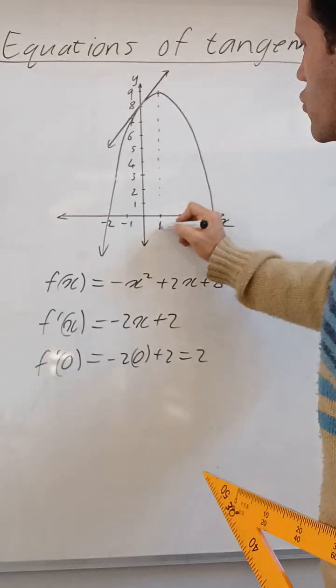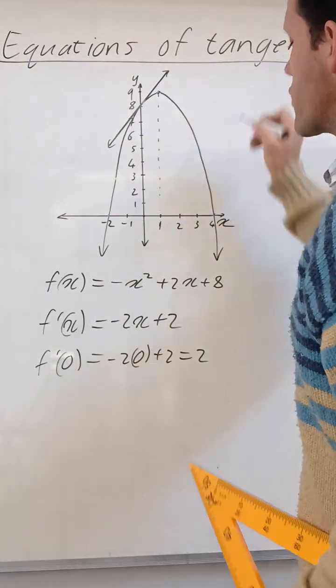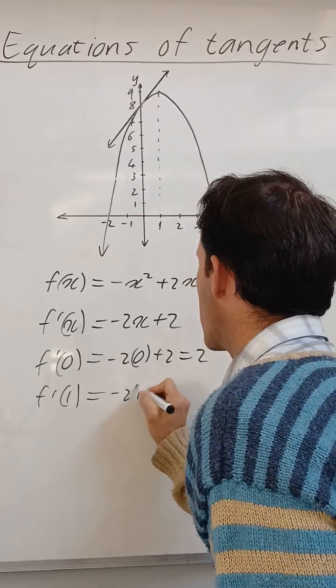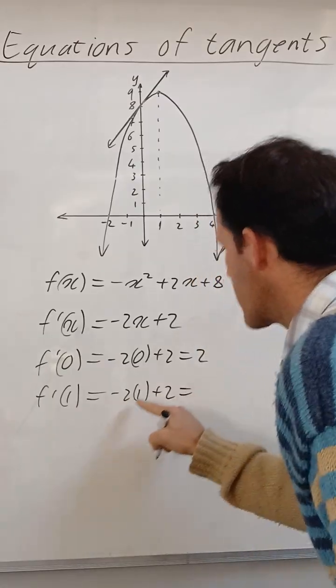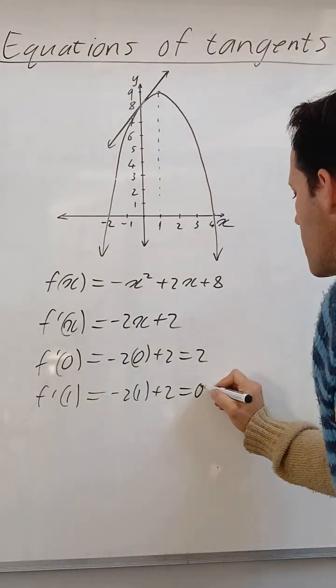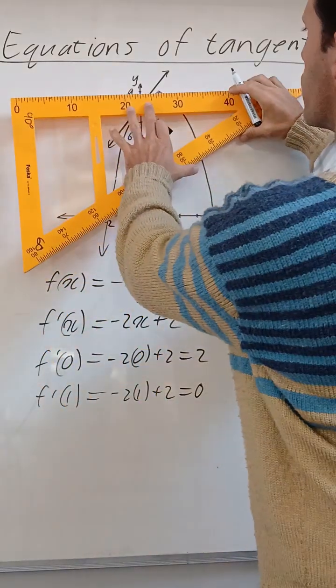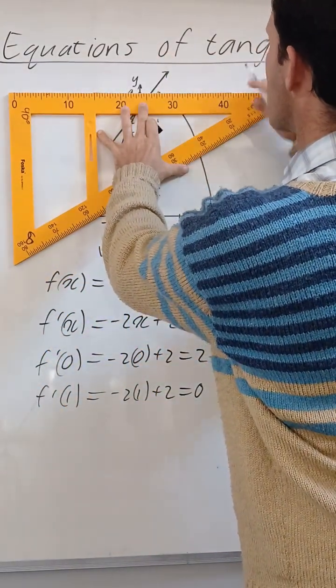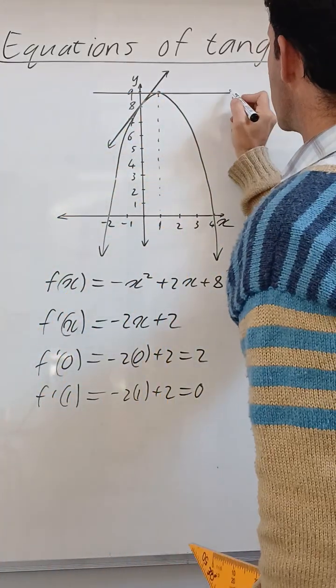When I substitute 1 into the derivative, f'(1) is negative 2 times 1 plus 2. Negative 2 plus 2 is 0. So now my gradient is 0, and I can clearly see that the tangent there has a gradient of 0.